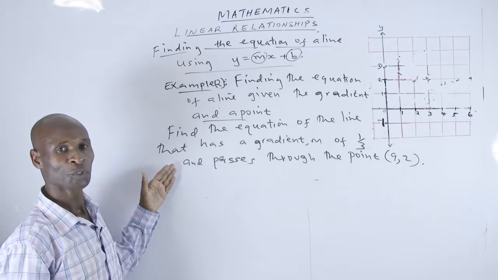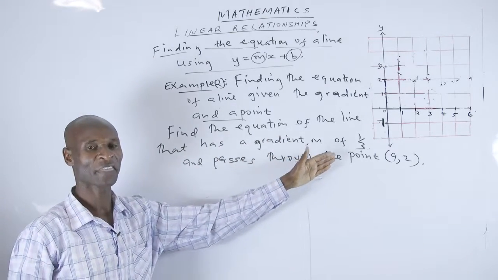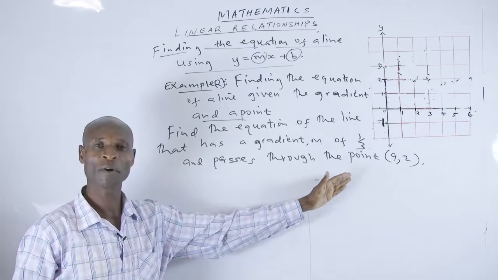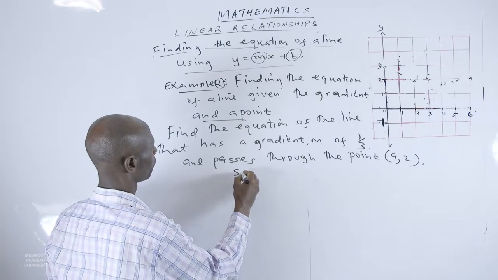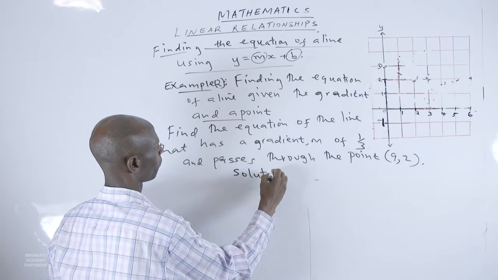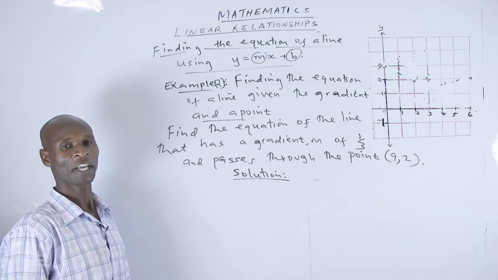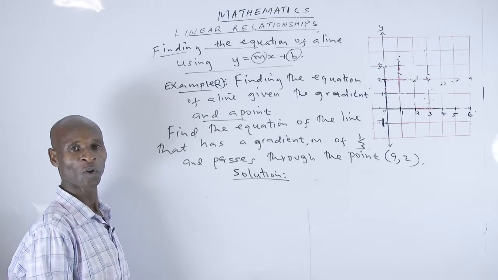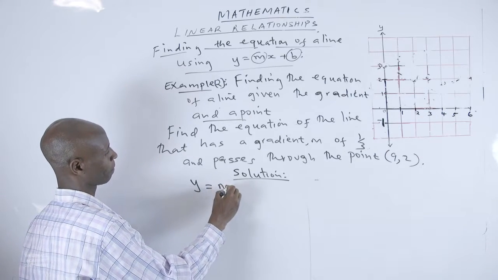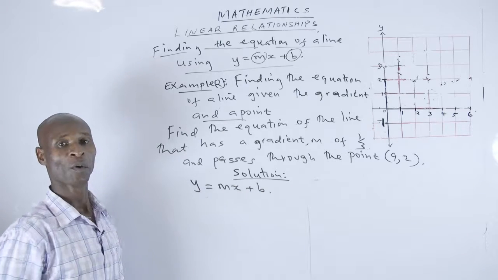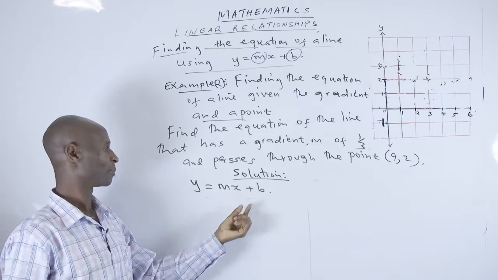So in that example 2, we are required to find the equation of the line that has a gradient of a third and passes through the point (9, 2). So we need to know that the general equation of any straight line is given in the form y is equal to mx plus b, where m represents the gradient and b represents the y-intercept.